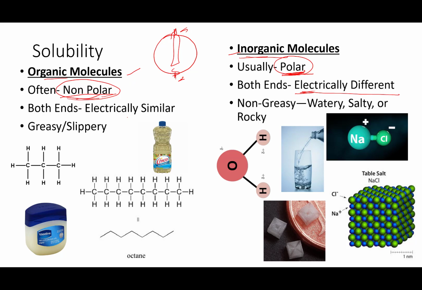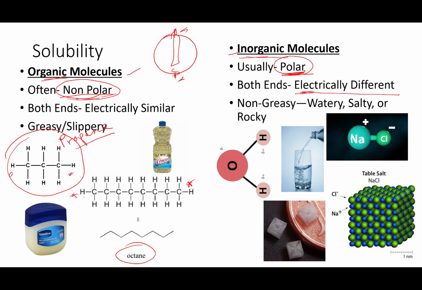So I've provided some pictures to help illustrate this. If we're talking about an organic molecule, this one is propane, the same sort of propane that you would use in a gas grill. And a propane molecule is pretty much the same from all sides. One end doesn't look any different than the other end. Octane, which is one of the molecules you're going to find in gasoline. This end looks pretty much like that end.